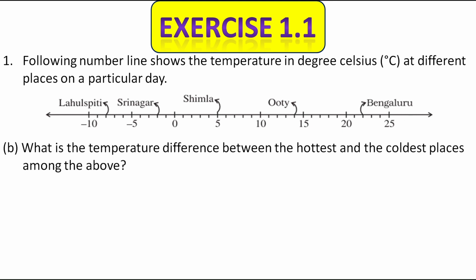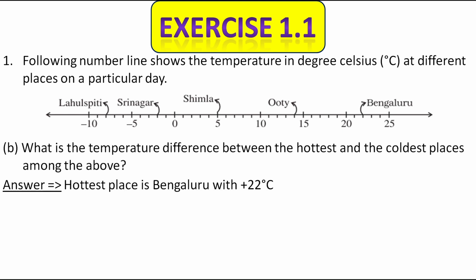So let's write the temperature of both of them. First I'll write the hottest place, that is Bengaluru with plus 22 degrees centigrade, and the coldest place is Lahul Spiti with minus 8 degrees centigrade. Now they have asked us the difference. Whenever we have to find the difference, first we place the number which has the highest value.